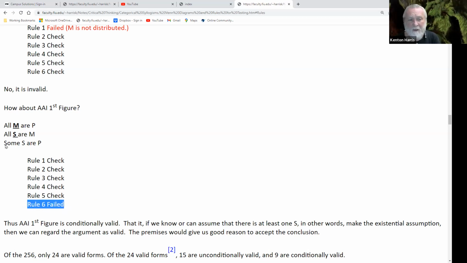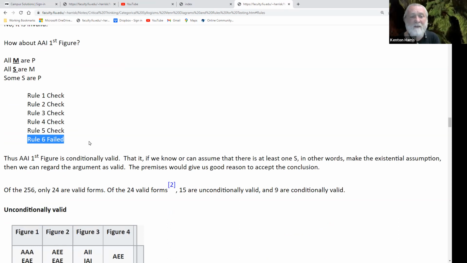In other words, there's no place for the X to come from if you don't assume that the subject class is not empty. On the other hand, if you could assume the subject class is not empty, then it does have an X to come from. So we would say it is conditionally valid. On the assumption there is at least one S, then I know that there is at least one S that is a P based on my premise set. Okay? All right.